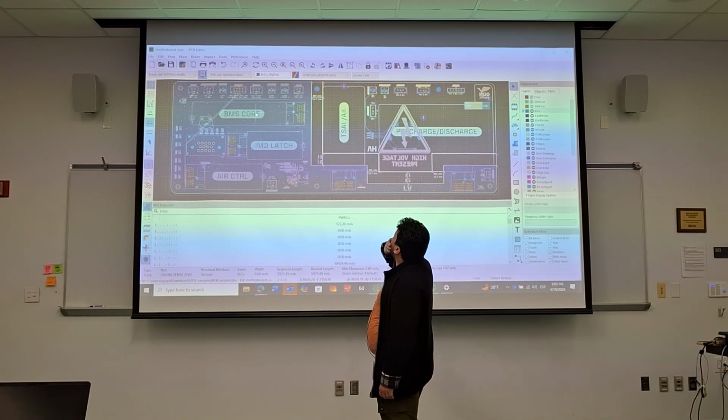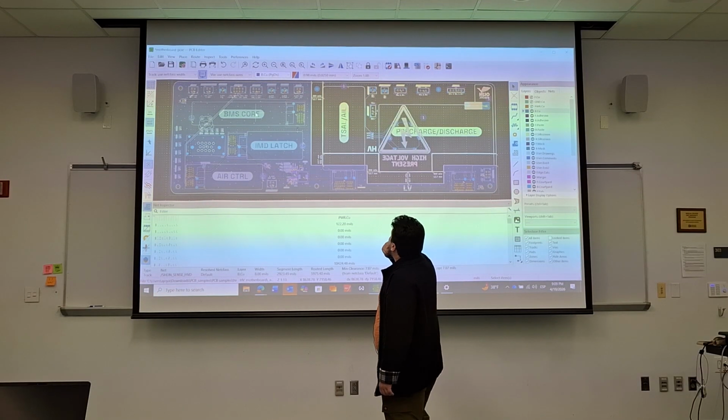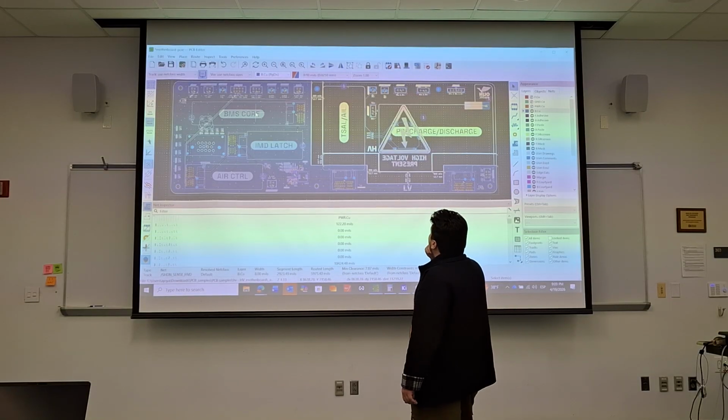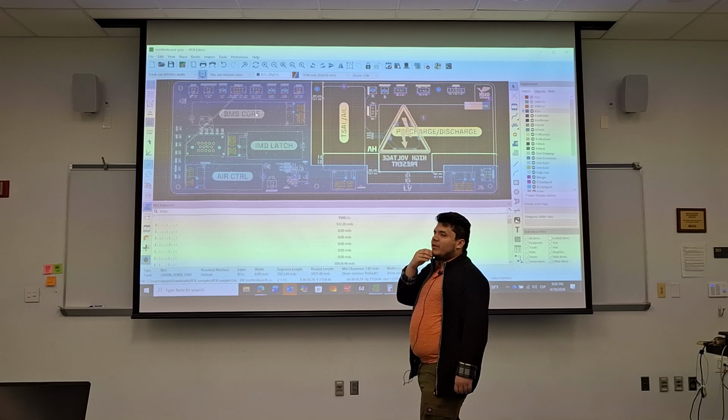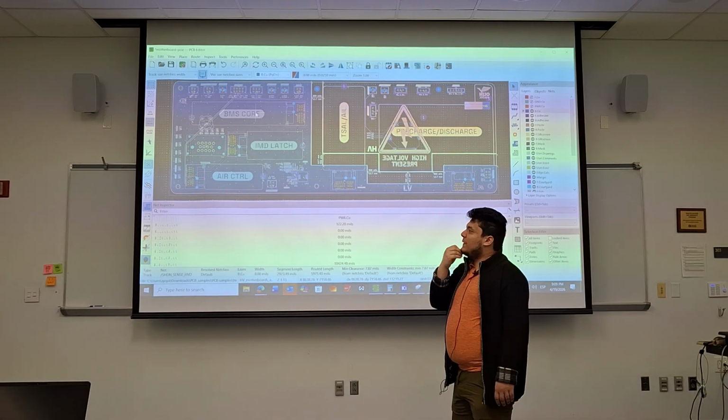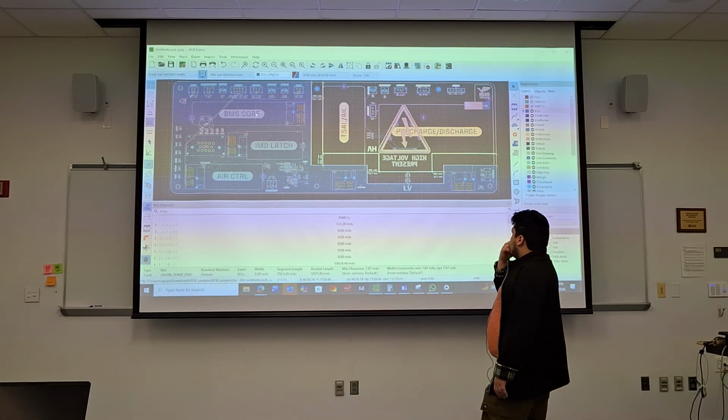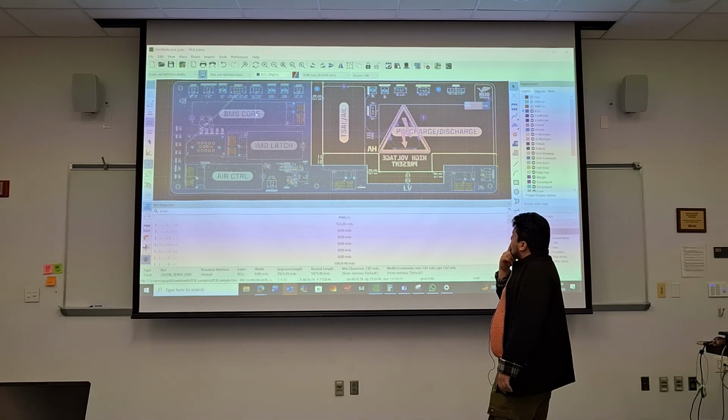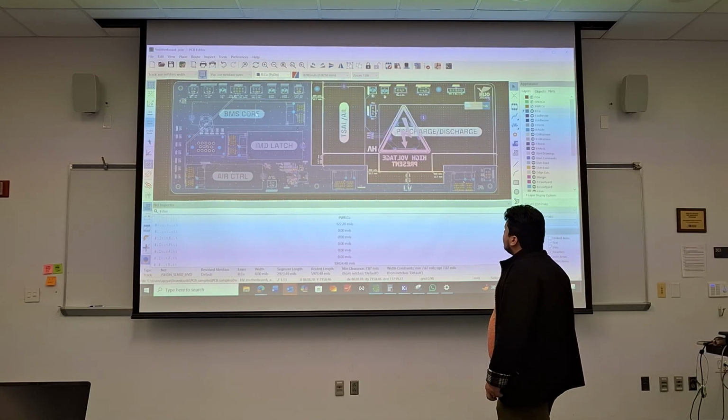I'll just double check it. I don't think it hurts to look at the grounding scheme of the whole system, just to get a sanity check, because that is a big voltage spike. Yeah. Yeah, I'm not sure.